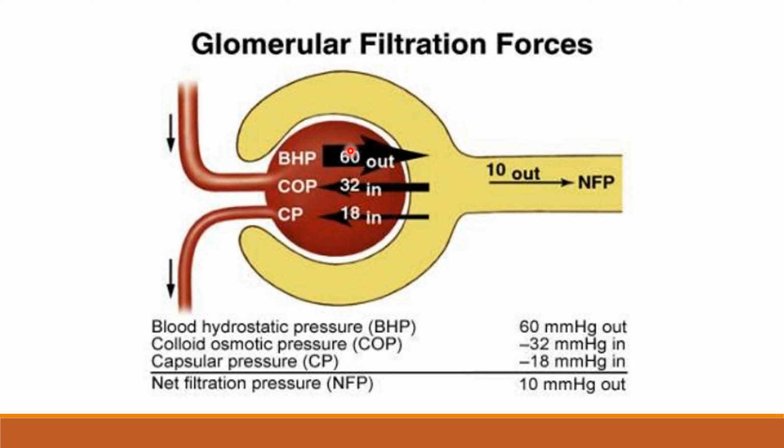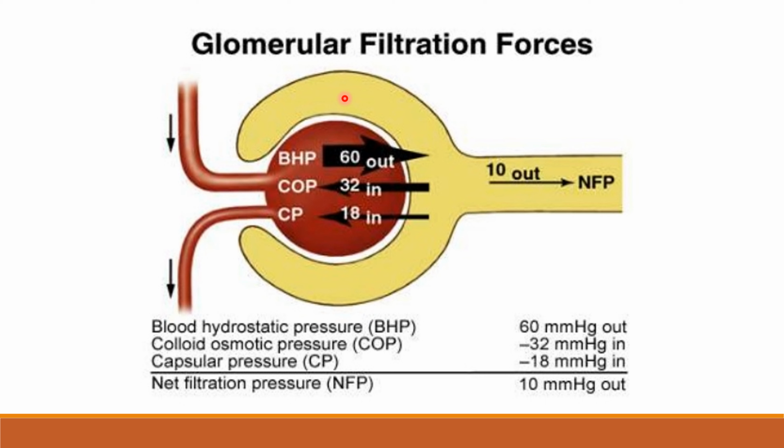The glomerular capillary, which is red in color, has hydrostatic pressure of 60 mm and tends to move fluid out, and has oncotic pressure equal to 32 and tends to move fluid in. In every area, the hydrostatic pressure tends to push fluid outside the compartment, while the oncotic pressure, which depends on the protein, tends to suck or move fluid inside the compartment, as you see here.